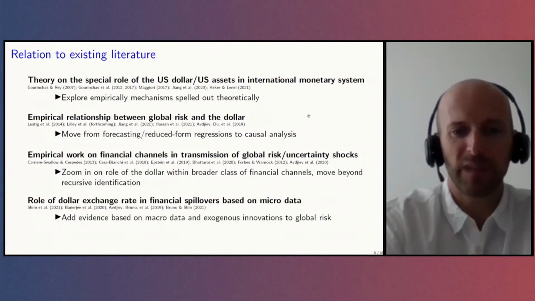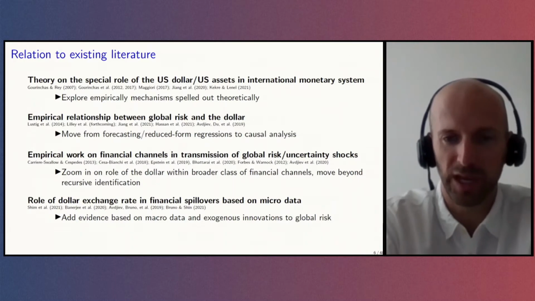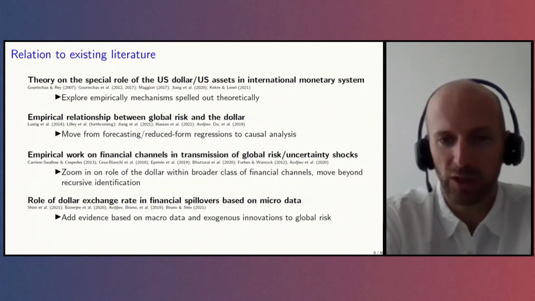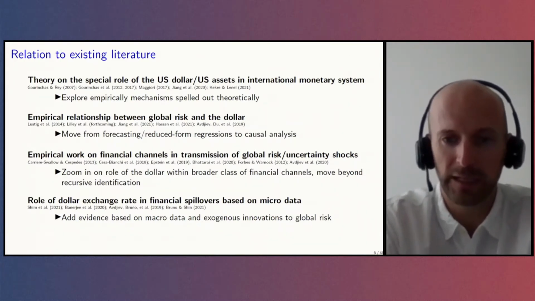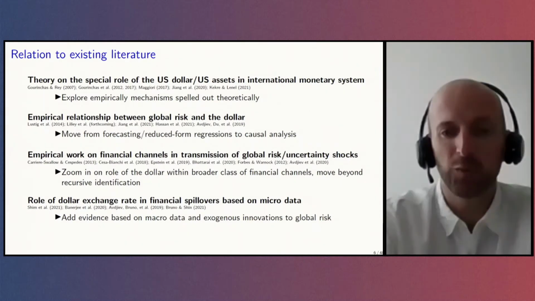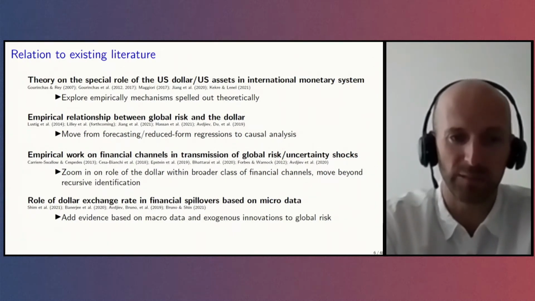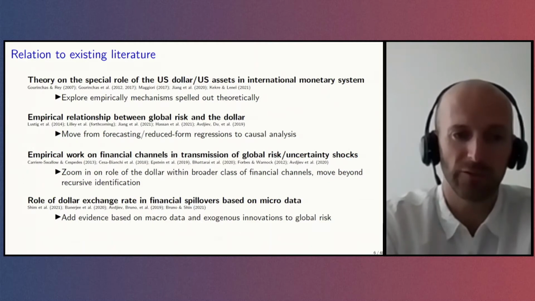And finally, there is a literature that does look at the role of the dollar exchange rate in the context of these financial transmission channels for global risk shocks. But this literature looks at microdata. And microdata have lots of advantages. I think one disadvantage is that it is difficult to make aggregate statements based on microdata. But I think as policymakers, we are interested in aggregate statements. So how much is, overall for the aggregate economy, the dollar exchange rate contributing to the effects of a global risk shock, for example?